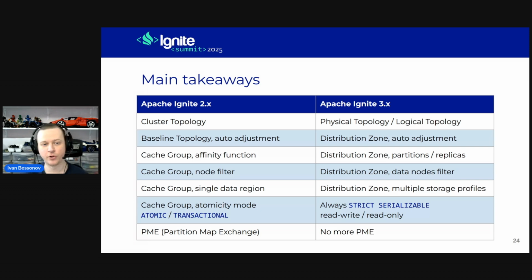The baseline topology with its auto adjustment now becomes distribution zones with independent auto adjustment settings. Cache groups with an arbitrary affinity function now became distribution zones with the rendezvous affinity function, with partitions and replicas that you can set from any API.